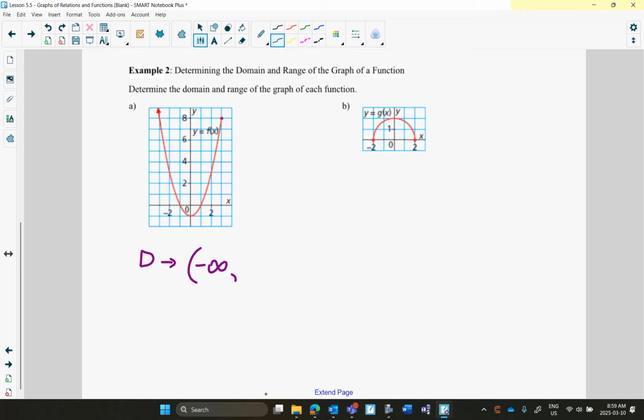What's the x-coordinate here? 3. How would I write that using set notation? x is less than or equal to 3.